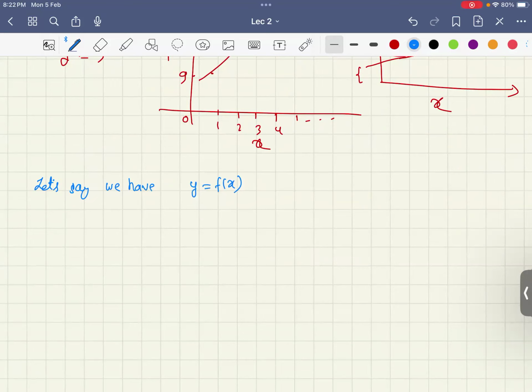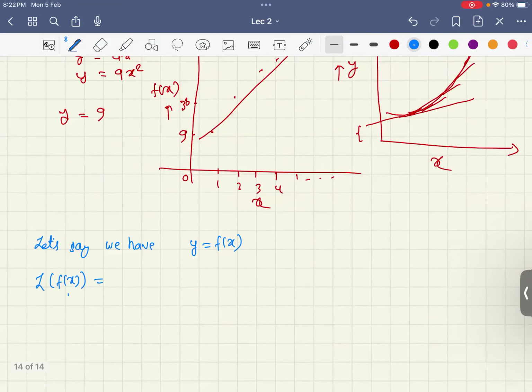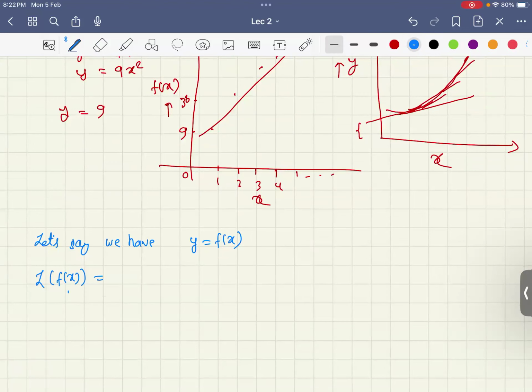Then the Legendre transform of f of x is nothing but the equation of the tangent line at each and every point. Let us denote this as psi. What is the equation of this tangent?